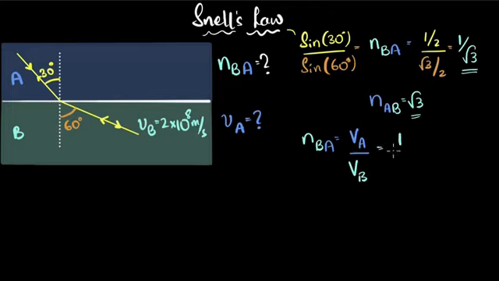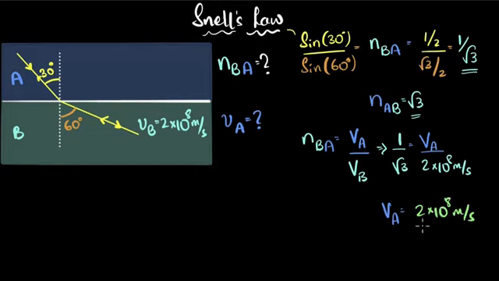This happens to be 1 over √3. That equals V_A, which I don't know, divided by V_B, which is given to me as 2 times 10 to the power 8 meters per second. And so from this, V_A equals 2 times 10 to the power 8 meters per second divided by √3. And there you go.